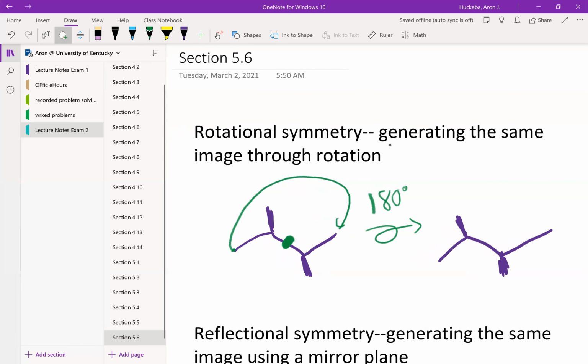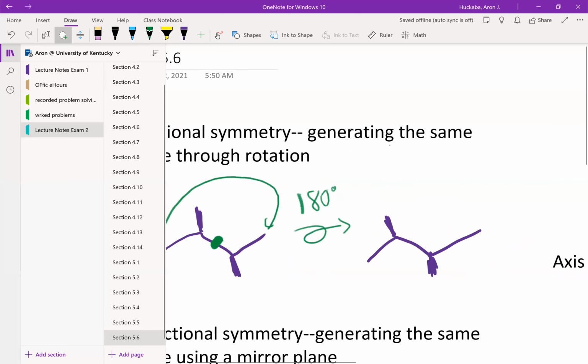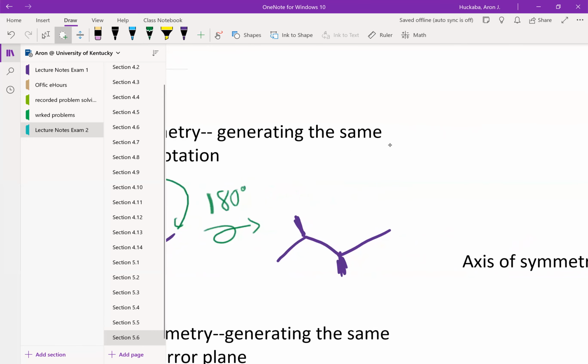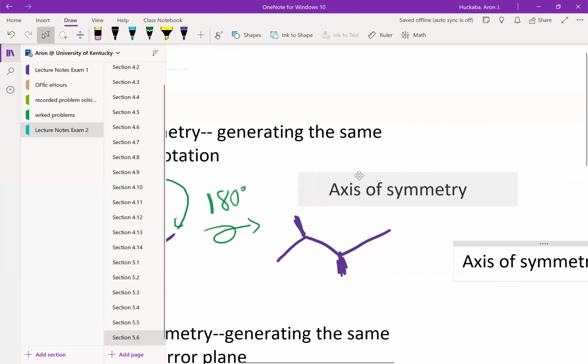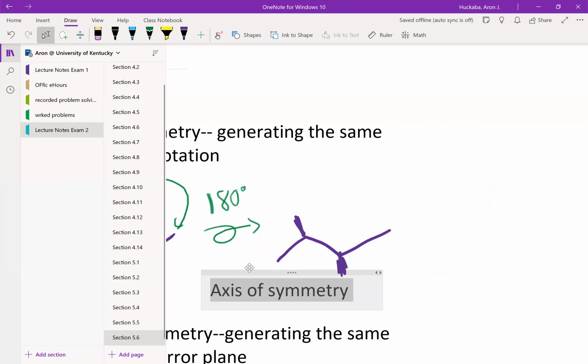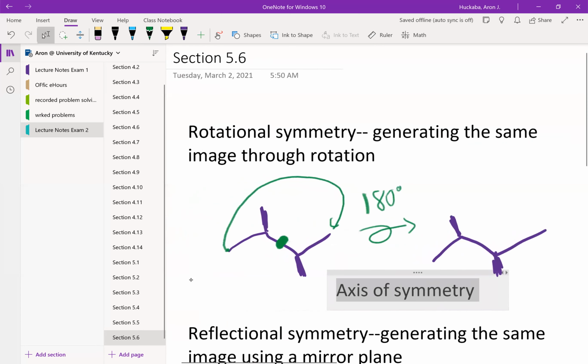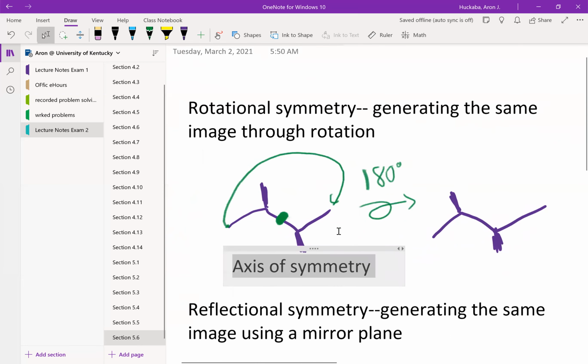And this little point that we're rotating about is called the axis of symmetry. There we are, the axis of symmetry.